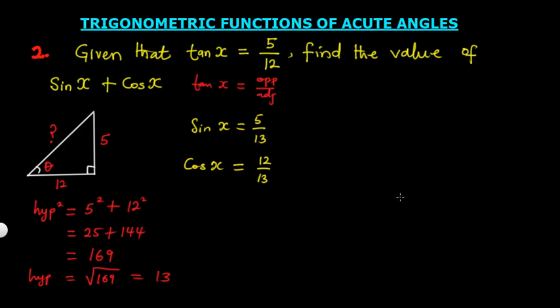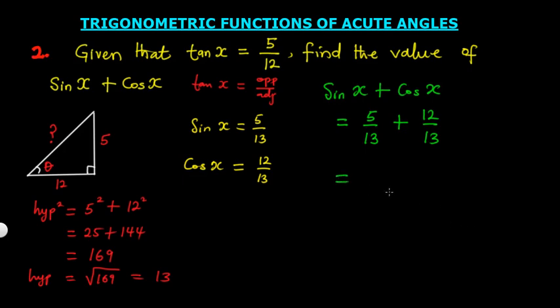Now that we've been able to spell those things out, we can see that sine x plus cos x will be equal to the value of our sine x, which is 5 divided by 13, plus 12 divided by 13, which is the value for cos x.